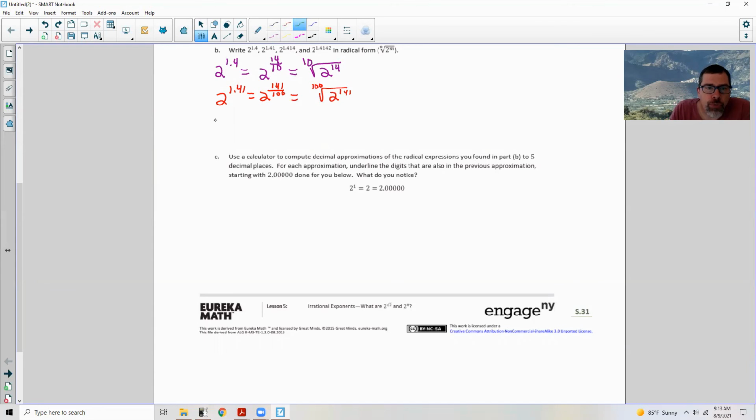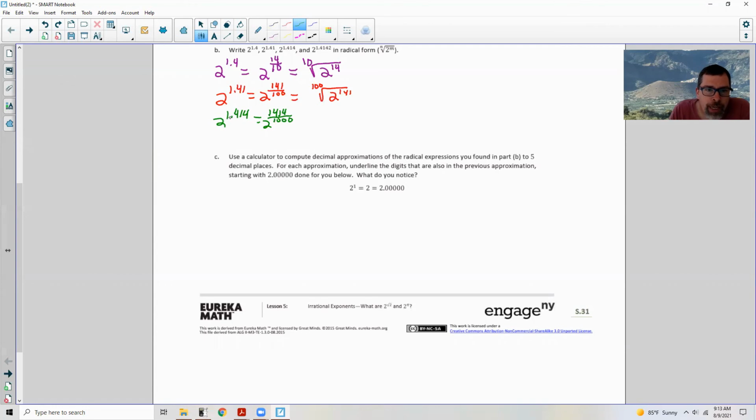And then 2 to the 1.414, tenths, hundredths, thousandths.